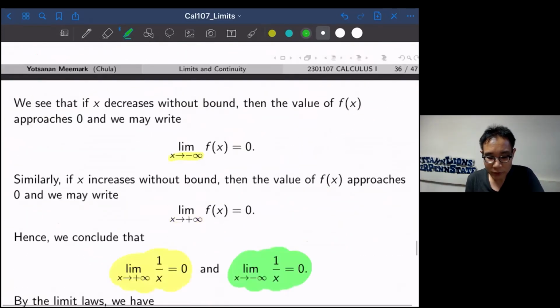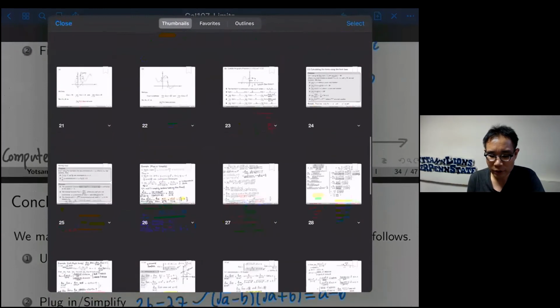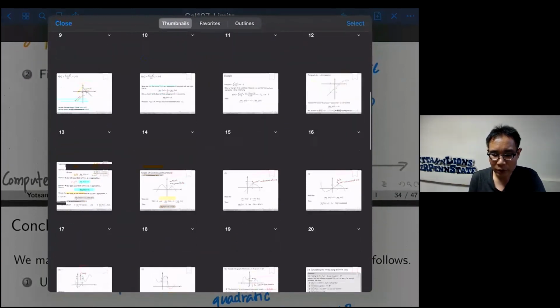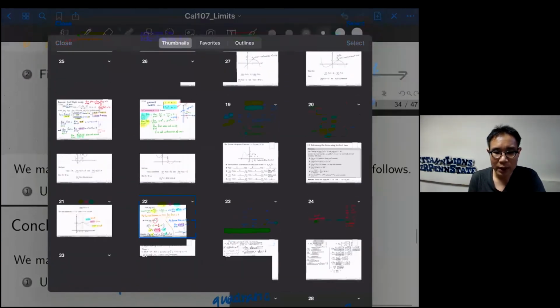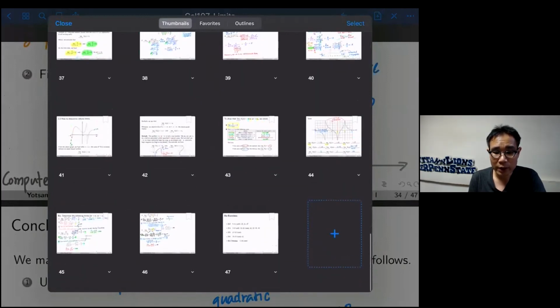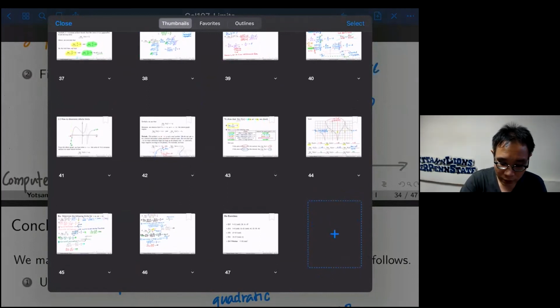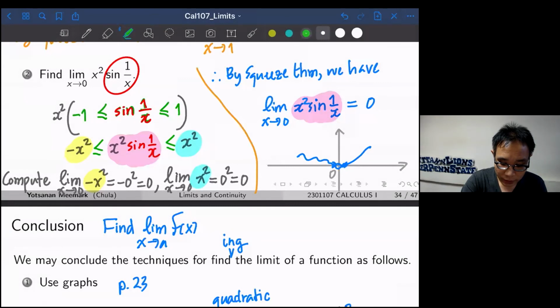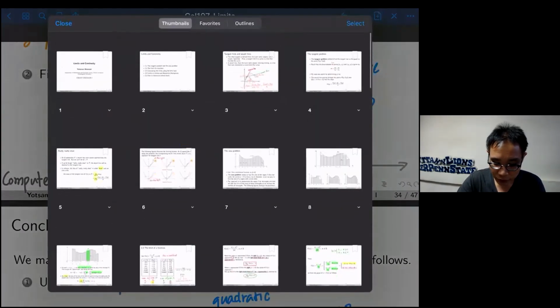So this is the whole thing for this slide, and this is all of the things that you should study right now, about the infinite limit. So we have all of the things that we should have.